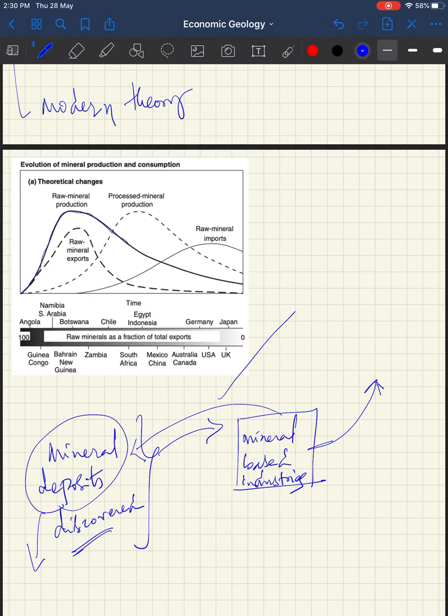If you compare those countries with the graph just above that, you will see that countries like Germany, US, Japan, and UK, which are considered more developed countries, depend mostly on processed mineral production. I mean, the economy of those countries mainly depends on the exports of processed mineral products, and for mineral resources, they mainly depend on raw mineral imports.